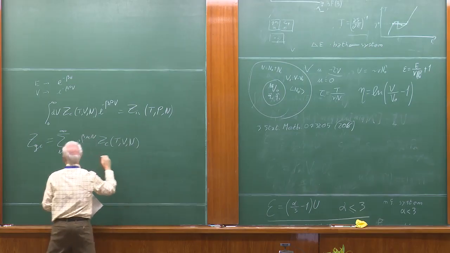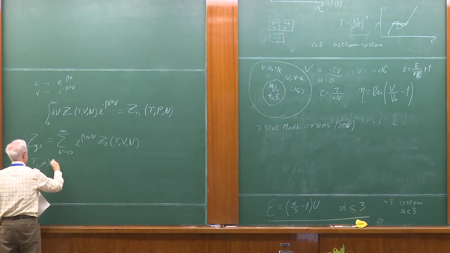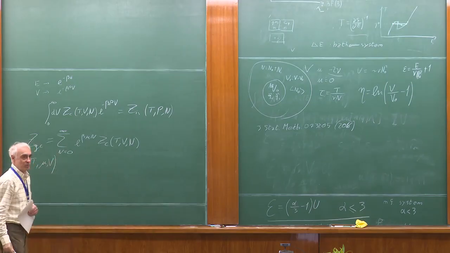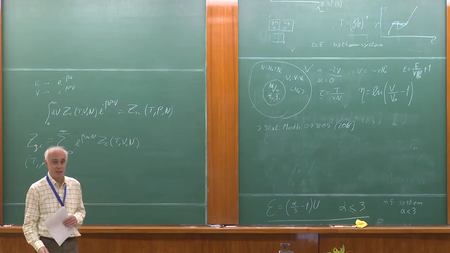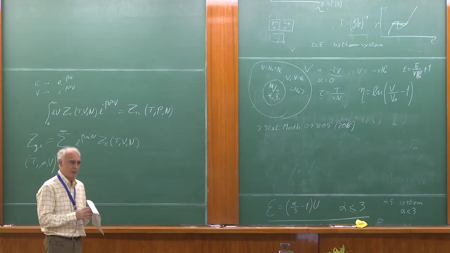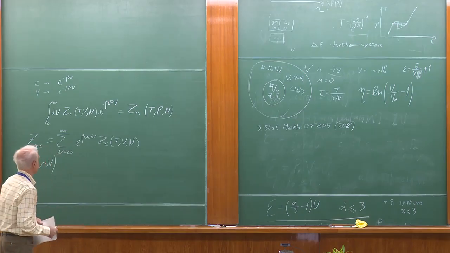This will be a function of T, mu, and V. So the system is put in contact with the thermal bath with which it can exchange energy and particles, but the volume is fixed, so there will be no pressure balance between the two.